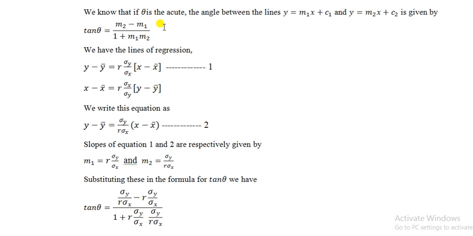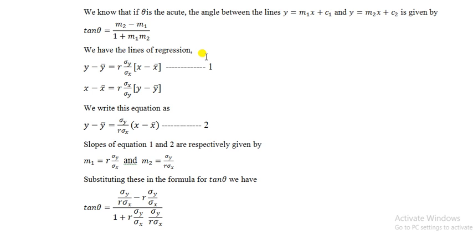We know that the acute angle theta between the lines y equal to m1x plus c1 and y equal to m2x plus c2 is given by tan theta equal to m2 minus m1 whole divided by 1 plus m1 m2. We have the lines of regression.